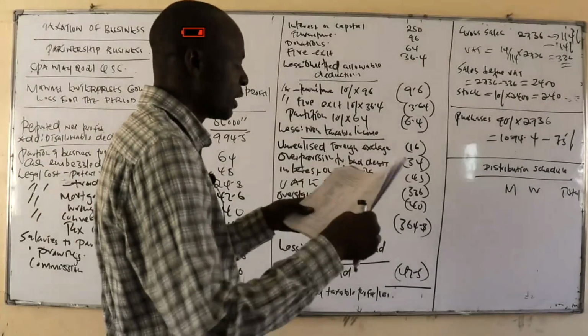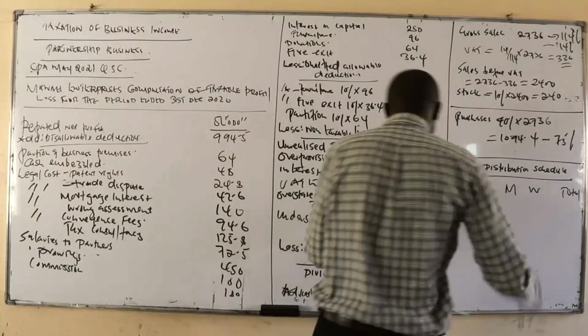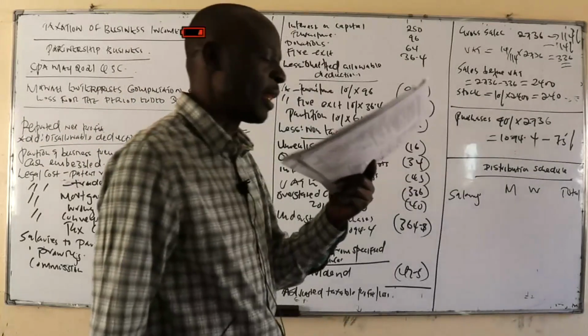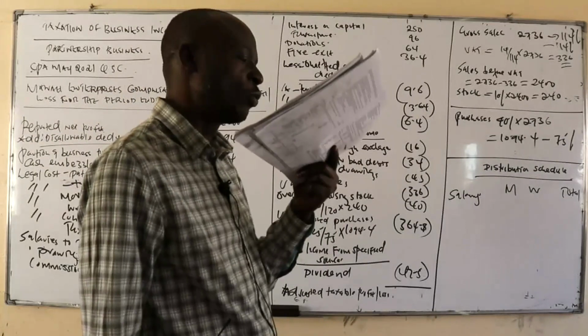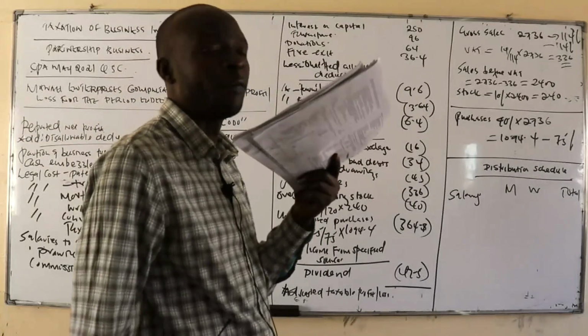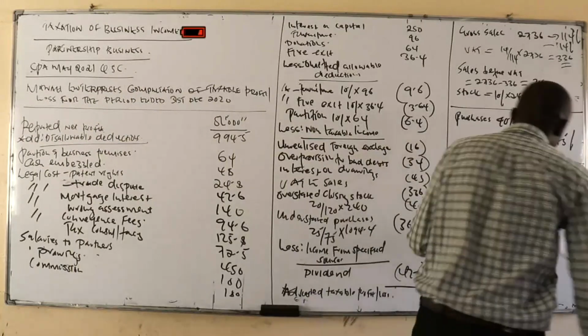So we check those. We have the interest on capital or salaries. We start with their salaries they got from the partnership. What is the partner salary? The total amount is 450. So how do you subdivide this?